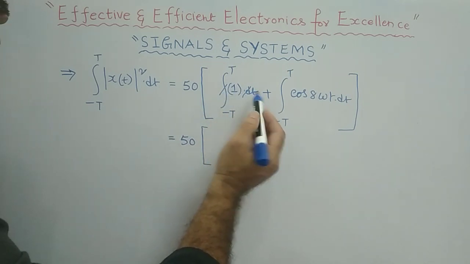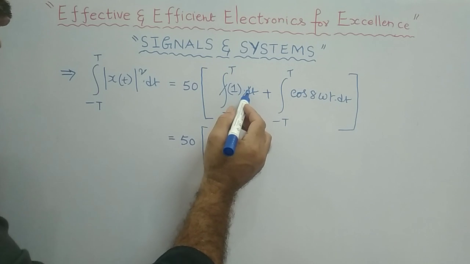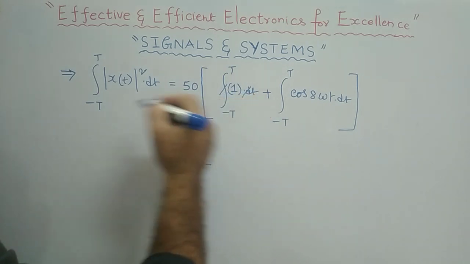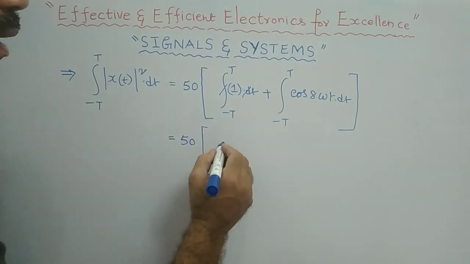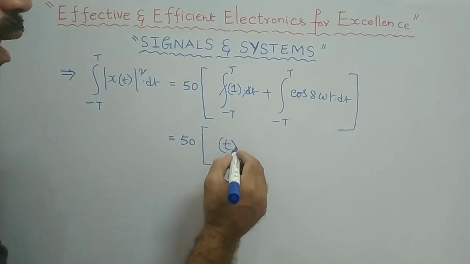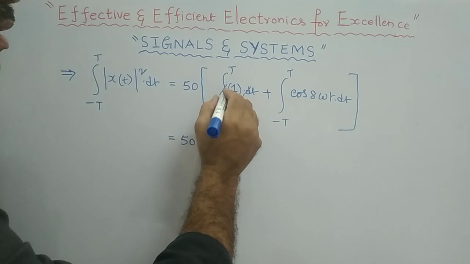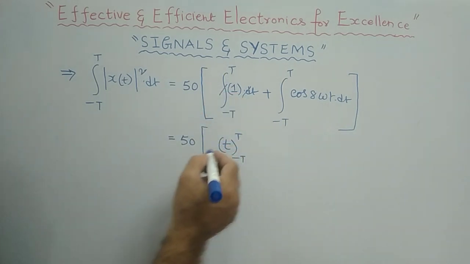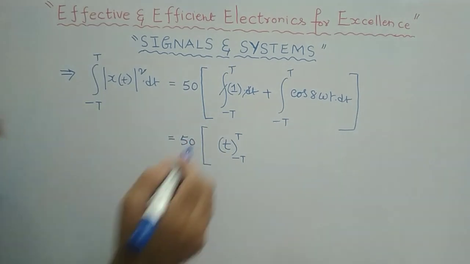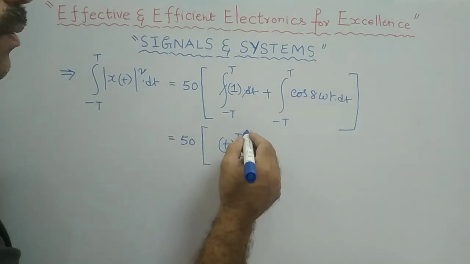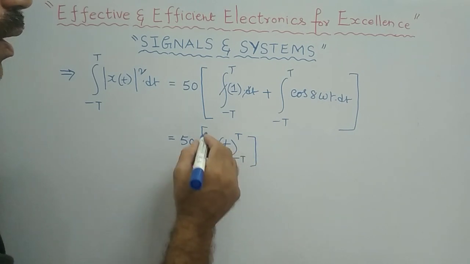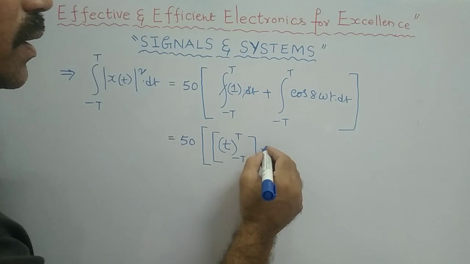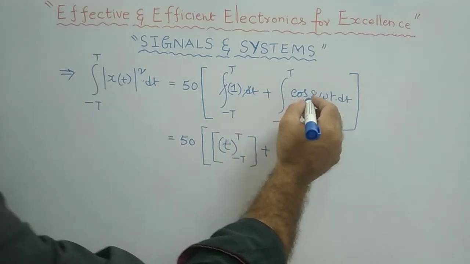There 1 into dt is dt. D is nothing but derivative. Derivative and integration are opposite to each other. Therefore both will be cancelled out. You will have small t here. Then for this small t you apply minus T to plus T as limits, the upper limit and then the lower limit. And in this big bracket, consider a small bracket for this, and this is equal to integral of cos theta.